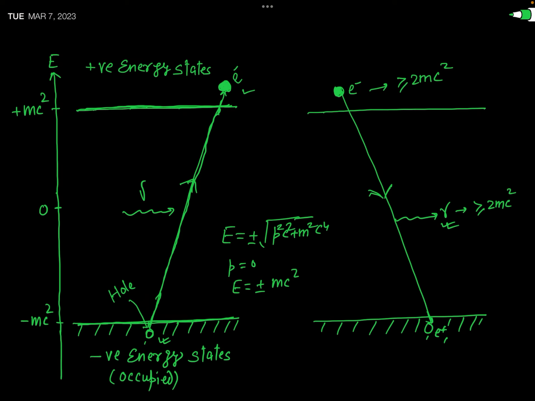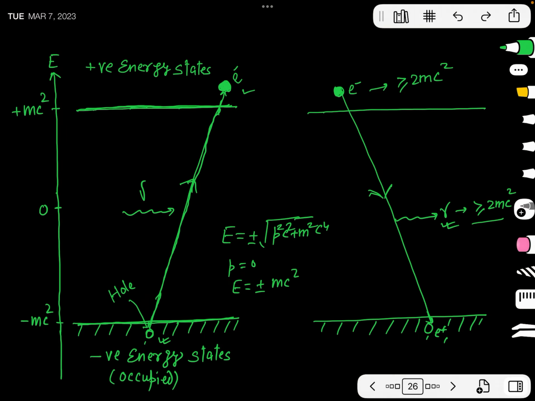So here you can see that the electron and its antiparticle, the positron, combine and are annihilated, and in this process this much energy, greater than or equal to 2mc², is emitted in the form of gamma radiation, or electromagnetic radiation, or a gamma photon. This phenomenon is called annihilation.